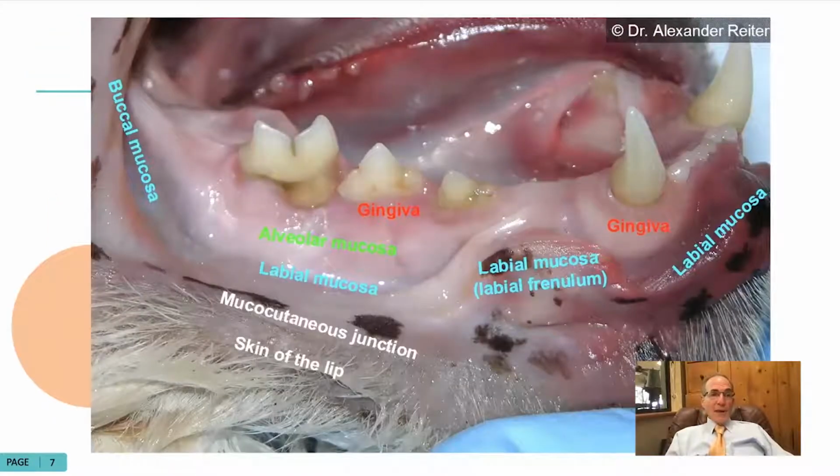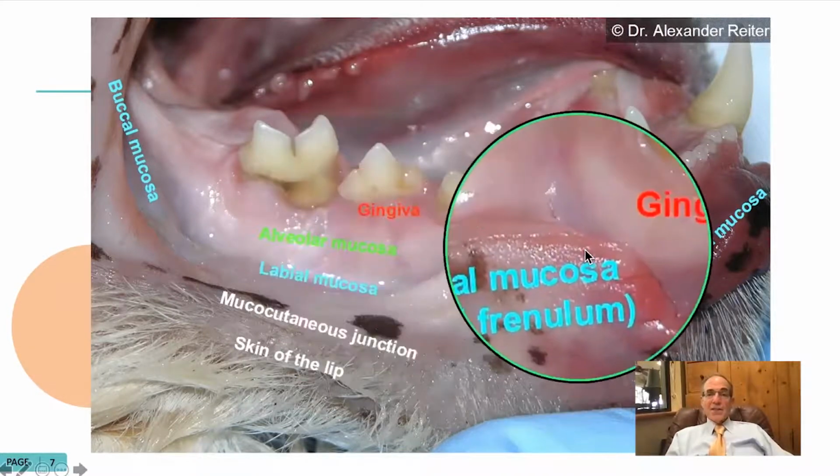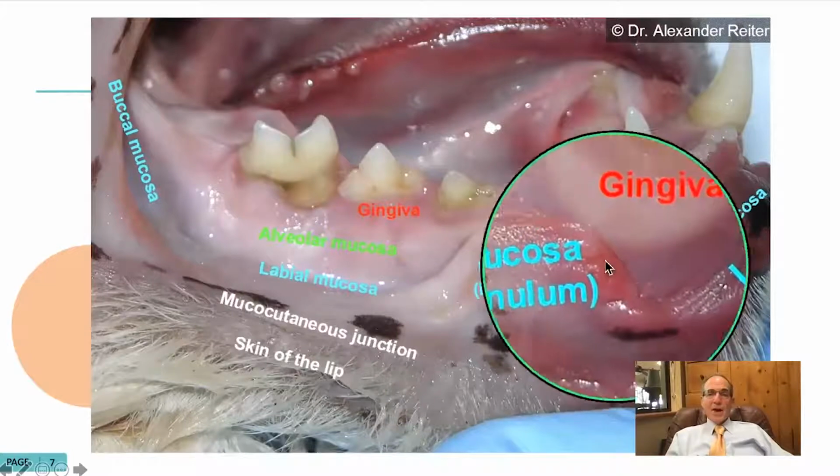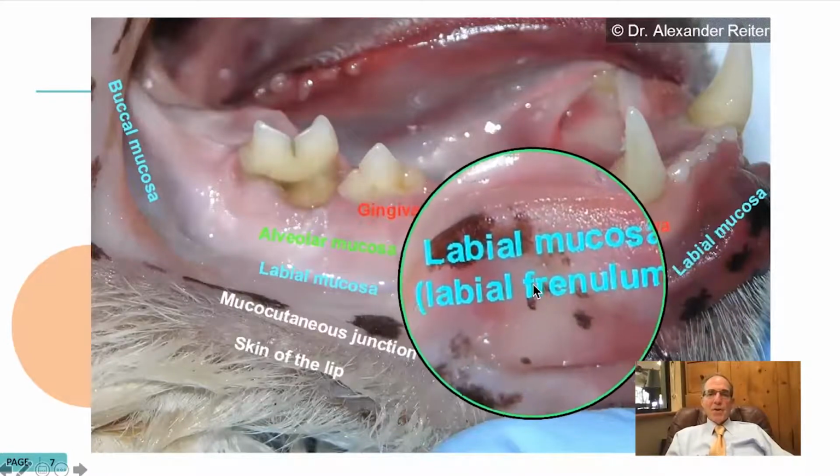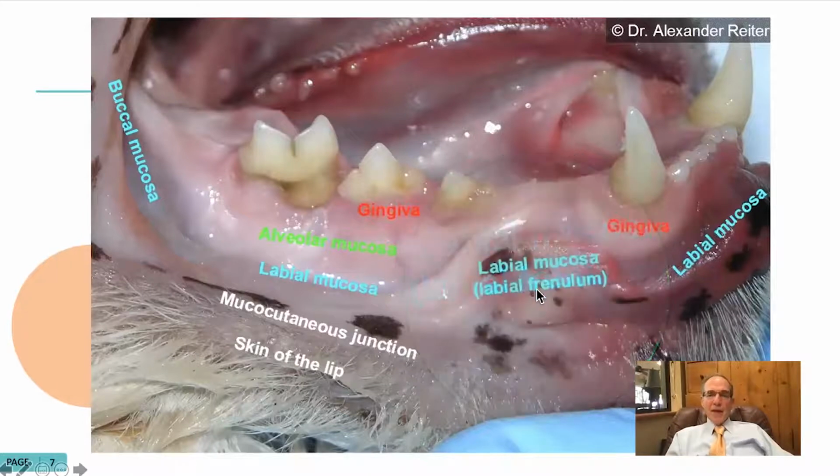More anatomy, the gingiva, alveolar mucosa, labial mucosa, the mucocutaneous junction, and the skin of the lip. Now in cats, they have this structure right behind the mandibular canine called the labial frenulum. And some folks diagnose this incorrectly as a mass that needs to be removed.